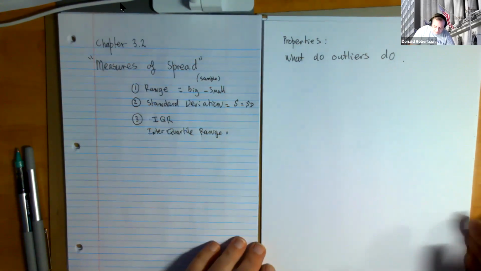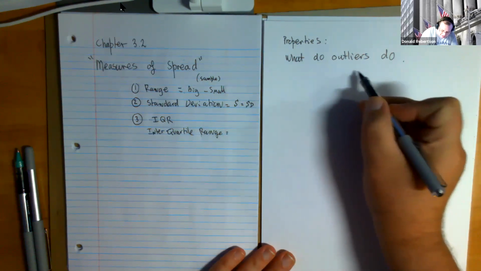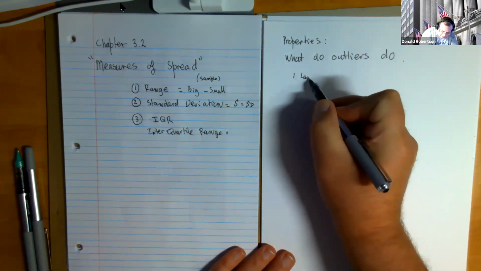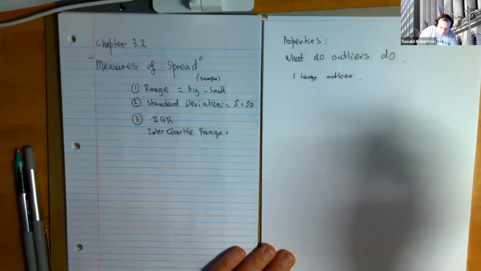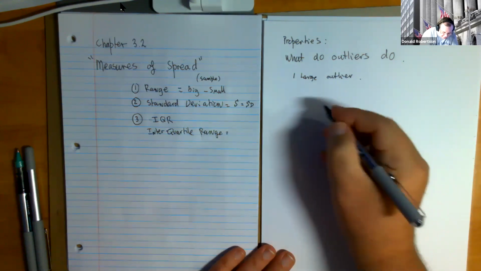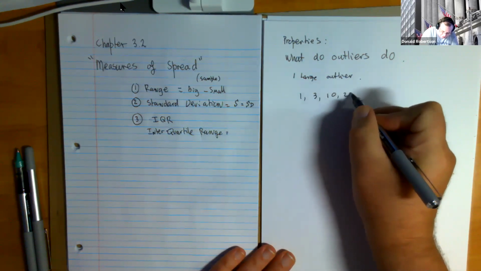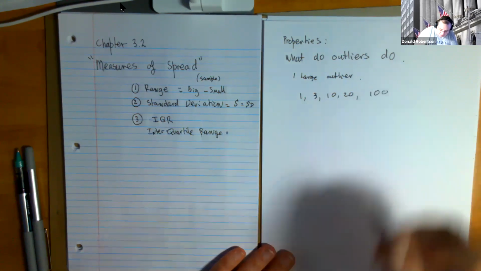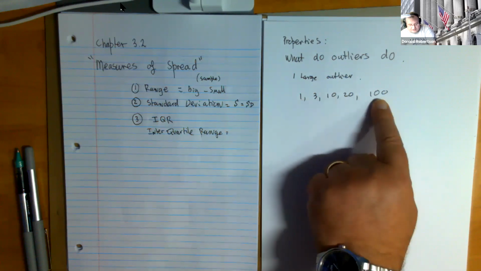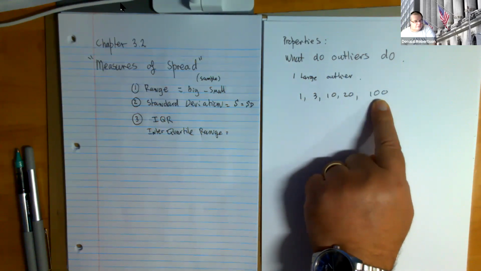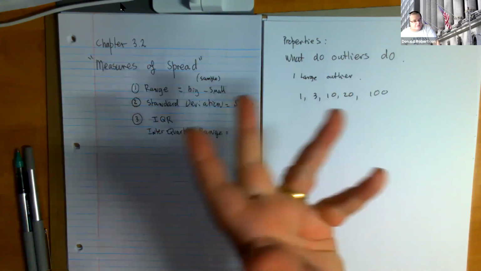Okay. So if you have a set of data and there is one large outlier, well, let's take a very small data set so I can do this. 1, 3, 10, 20, and 100. Compared to those four numbers, isn't this one huge? Right, 20 to 100, it's 5 times bigger.